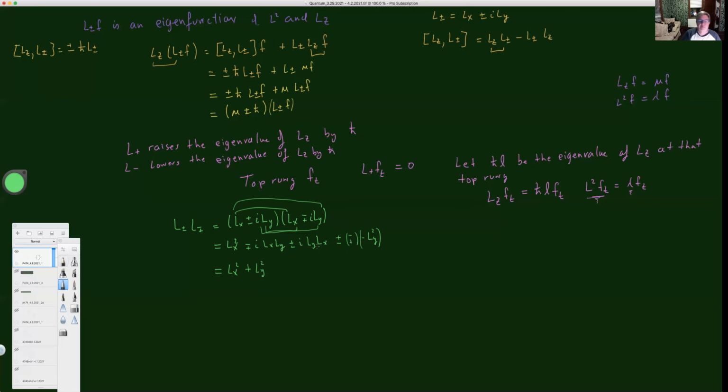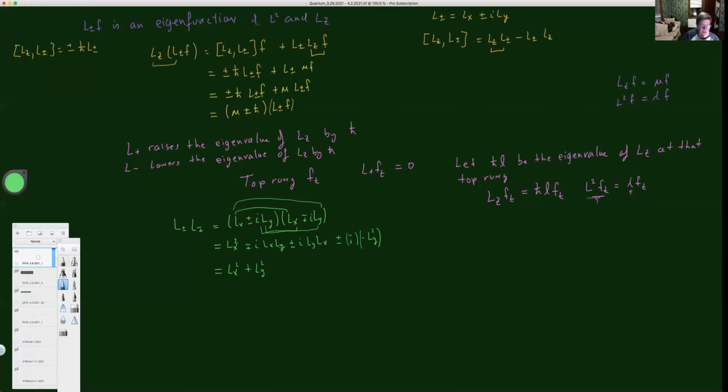And then here, we have a commutator. So let's figure out what commutator it is. Well, we have a plus, a minus Lx Ly, right?